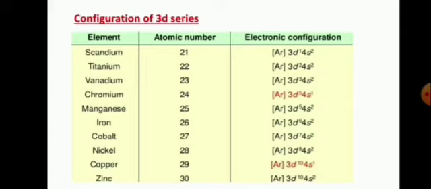So it becomes 3d5 4s1. Similarly, copper should have been 3d9 4s2, but it is in reality 3d10 4s1, again for the more stable, completely filled d orbital. So these are the three things that you need to remember. If you remember this, the hybridization part becomes very simple.